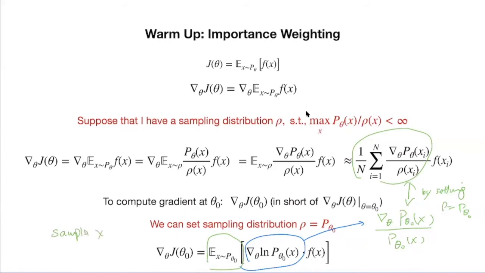Sample x from p theta 0 and compute the gradient with respect to theta of log p theta 0 at the sampled point x. I don't do any integral evaluation. Times the value of the sampled point, that is my unbiased estimate of the gradient, just by the definition of expectation.